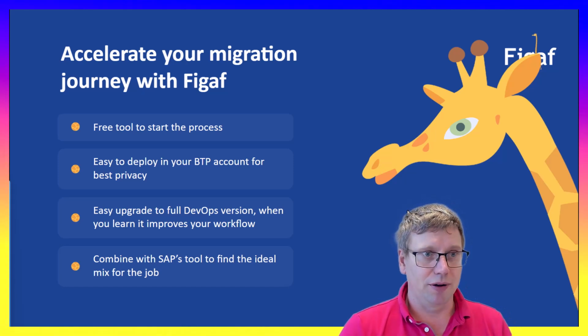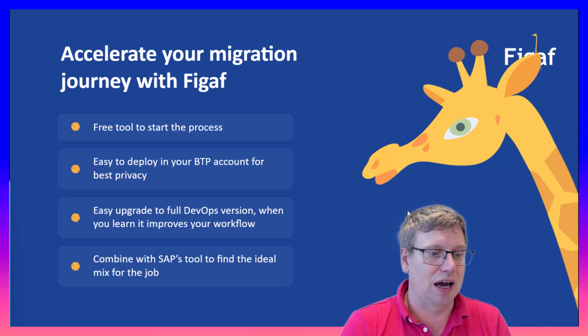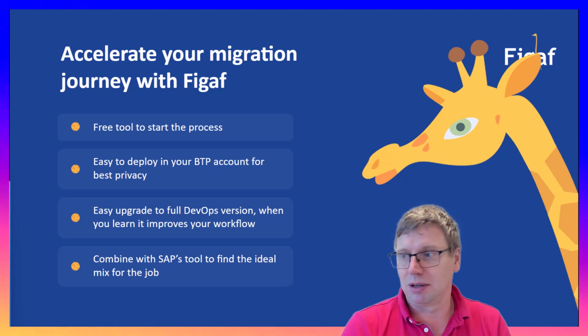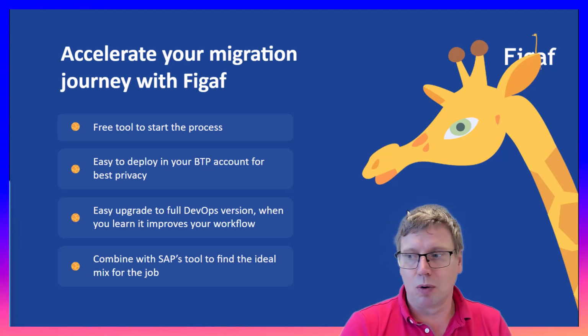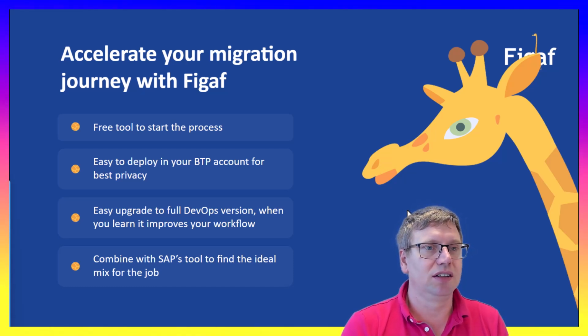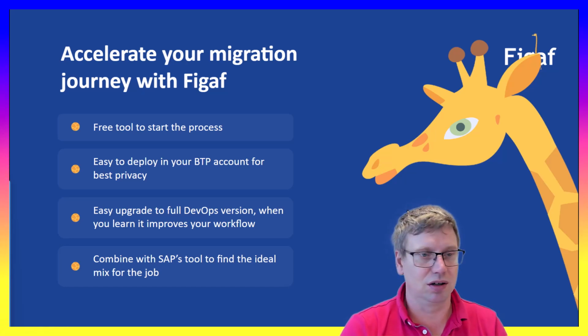We do have other deployment options, but BTP is just so much easier because you already have access. It has all the services, and it's plug and play. And then what we believe is that once you have started exploring the tool, it's really easy for you to upgrade to the paid version, either the DevOps or the migration edition.